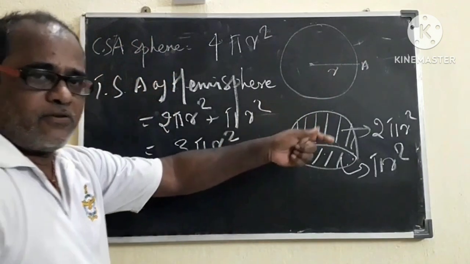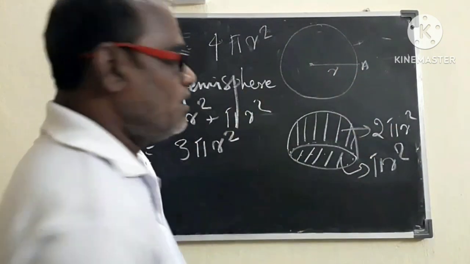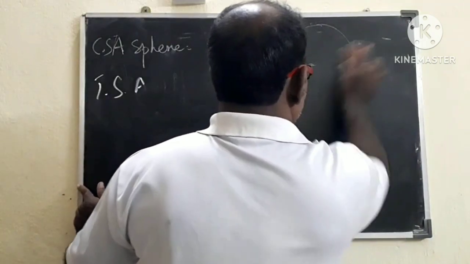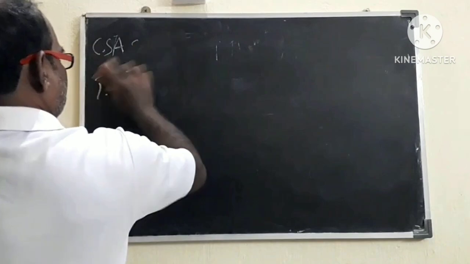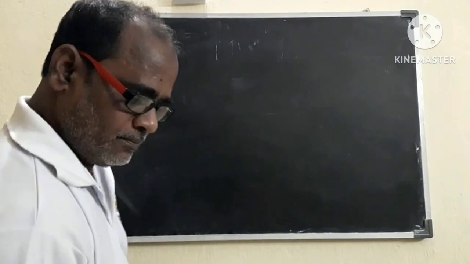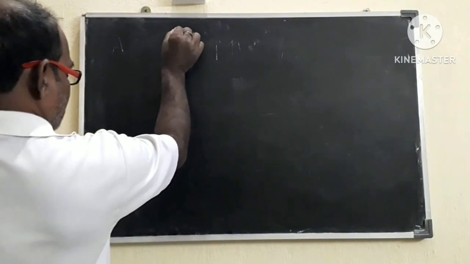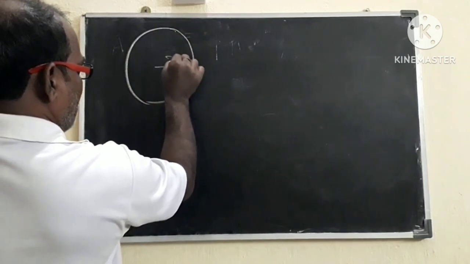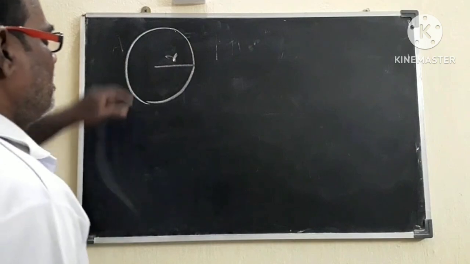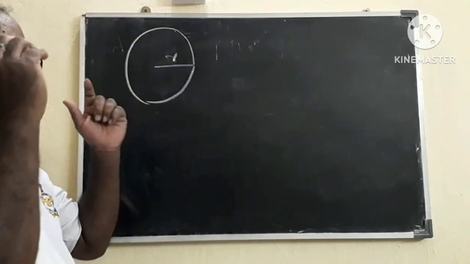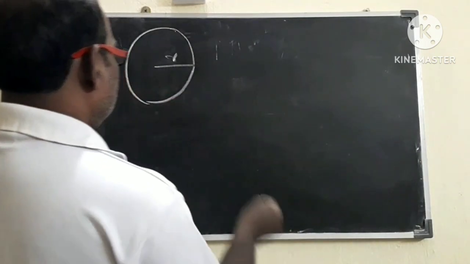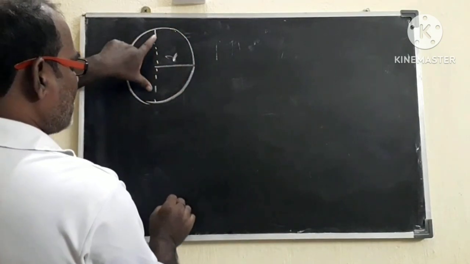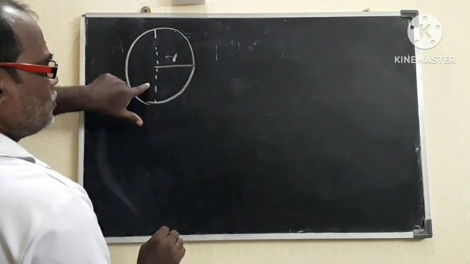So to find out the volume of a sphere, my dear, let us go with one more activity. Take a sphere of radius r, and if you draw a dotted line through the center, this becomes the height of the sphere, that means r plus r, 2r.